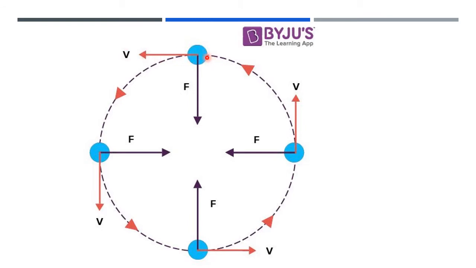Because along with the speed there is a change in direction. And what is velocity? The rate of change of position with direction. So this can be considered the velocity, and this is the circular path in which a body travels.